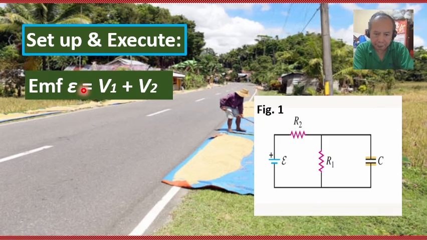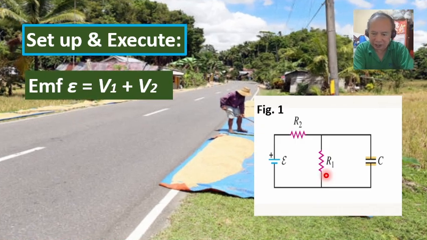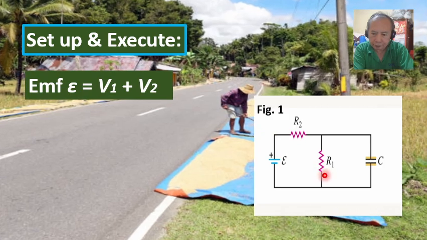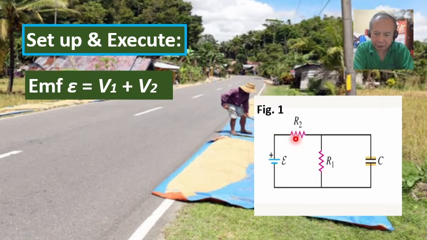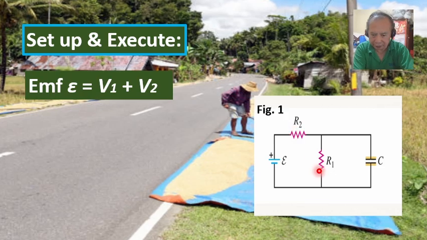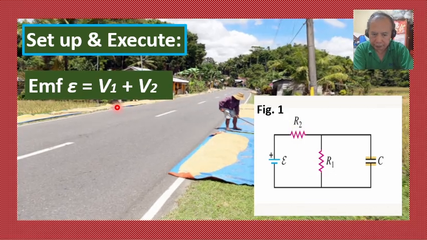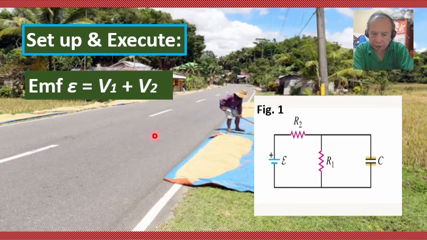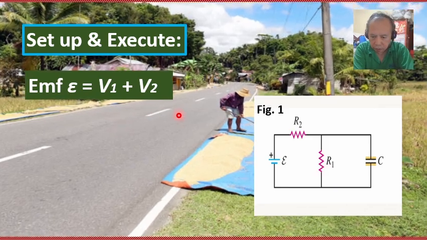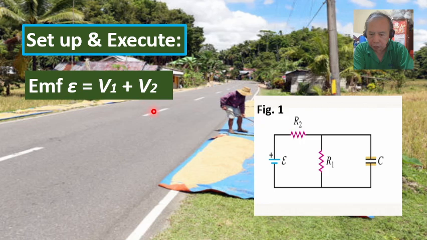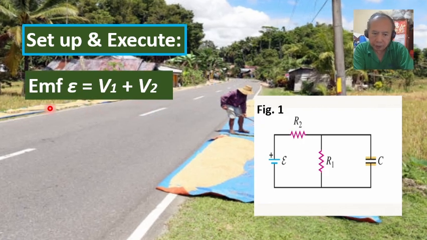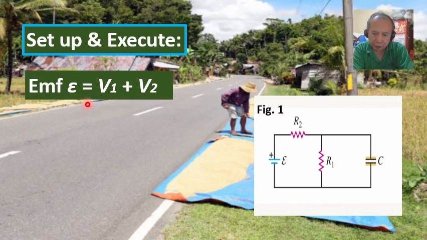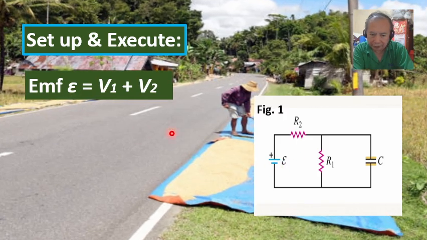Inasmuch as we already said that R1 and R2 are in series with each other, their individual voltage drops V1 and V2 when added will be equal to the total electric potential across the battery.